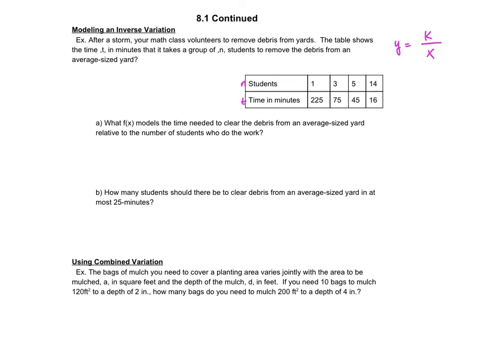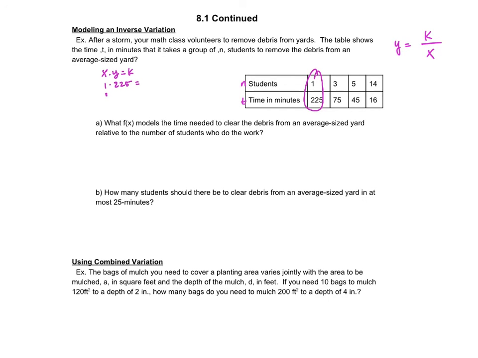But let's see here. If we're using inverse variation, we know that the values of x times y are going to equal k. So I have 1 times 225, which is going to be 225.